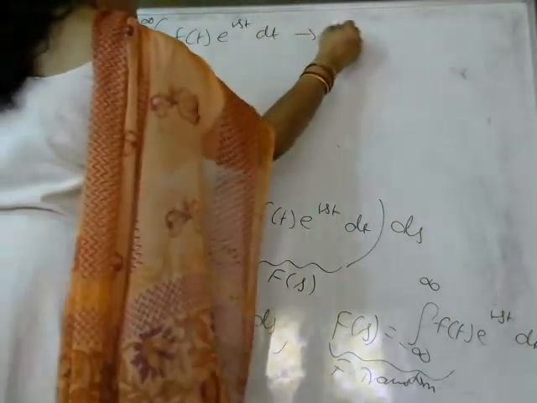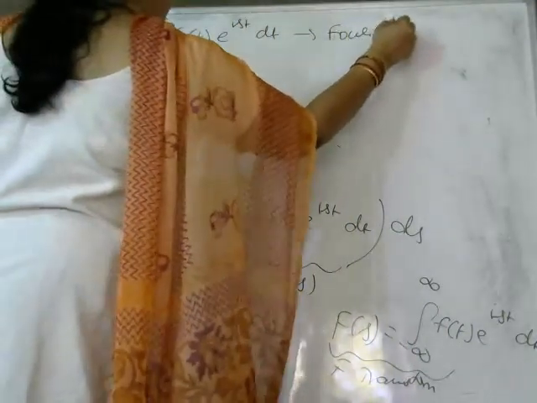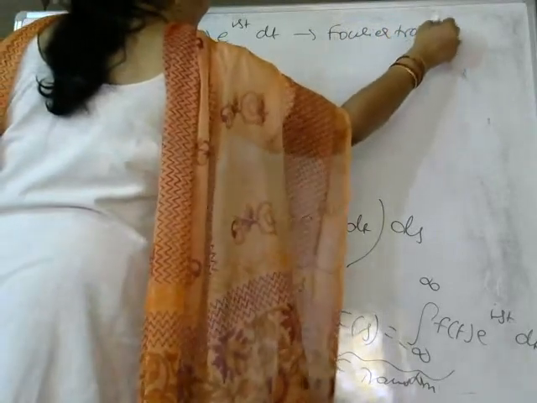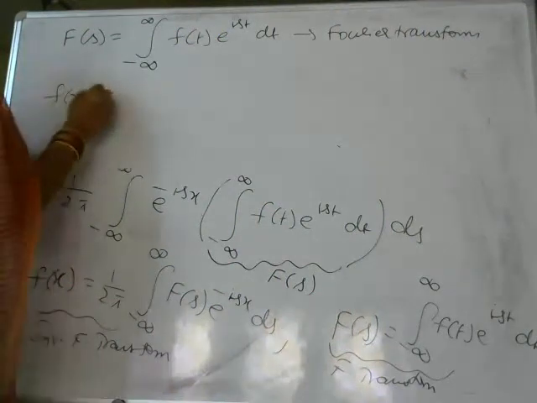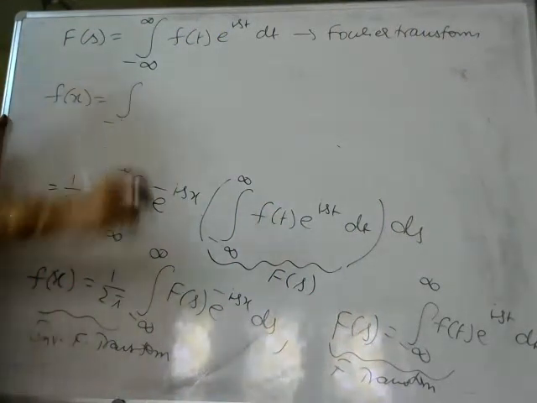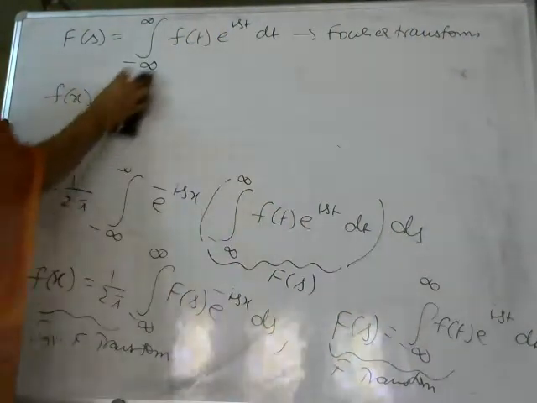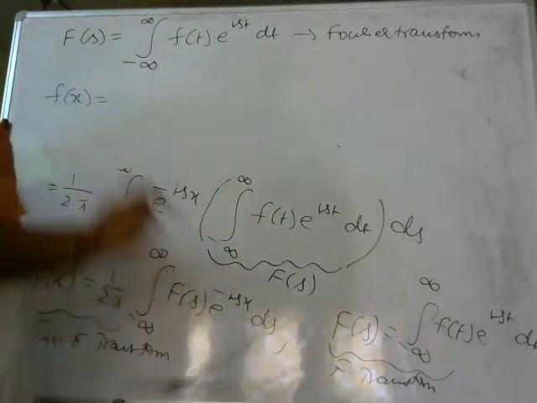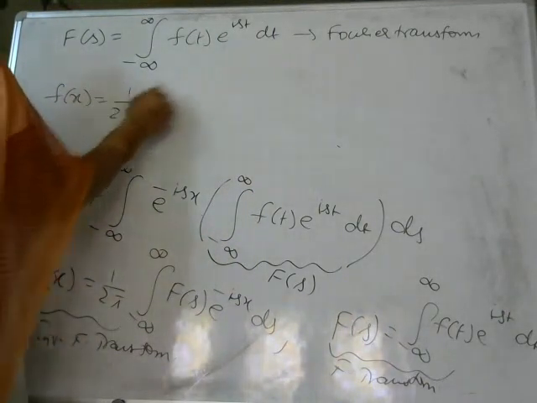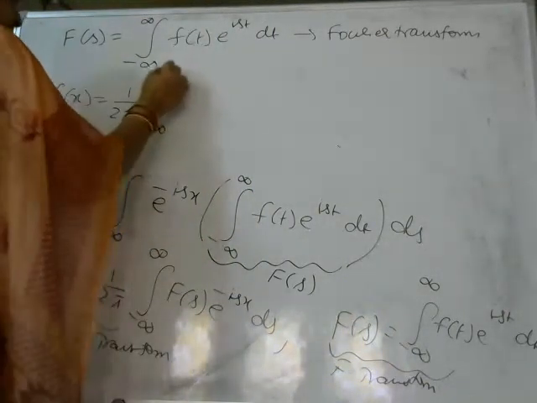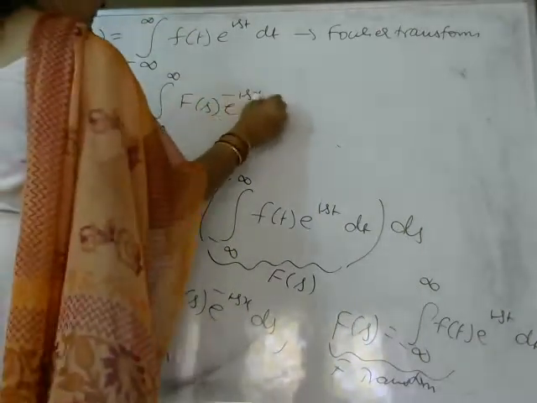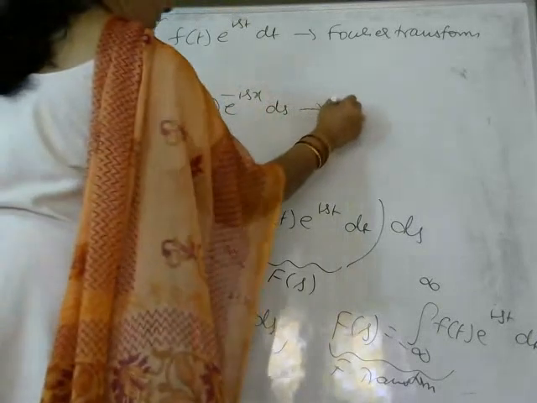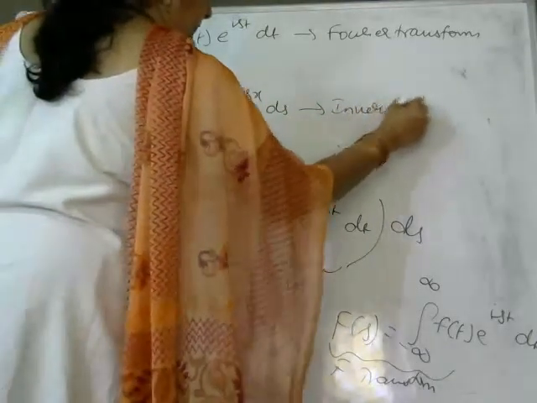This is called the Fourier transform. f of x is equal to 1 by 2 pi integral minus infinity to infinity capital F of s e to the power of minus isx ds. This is called the inverse Fourier transform.